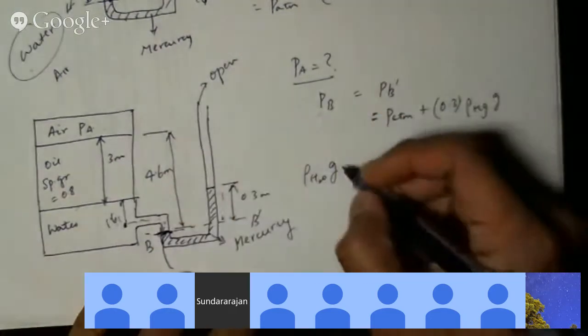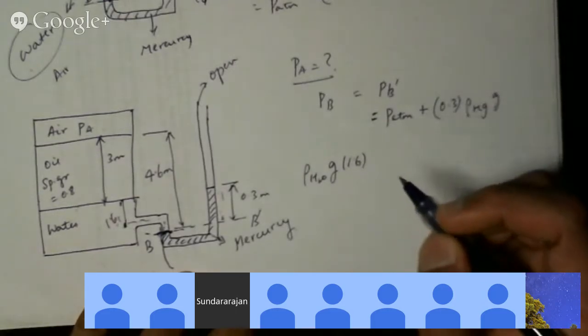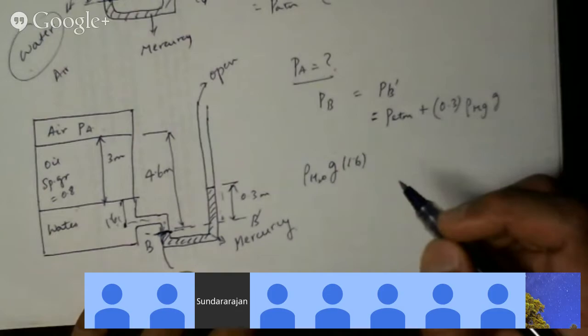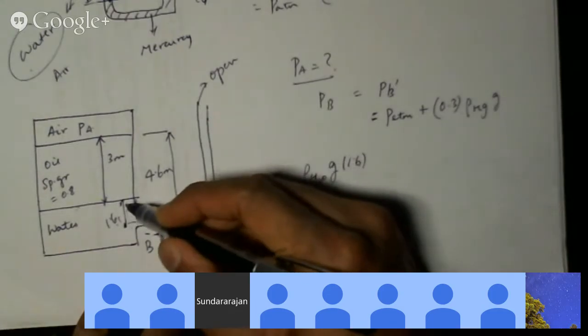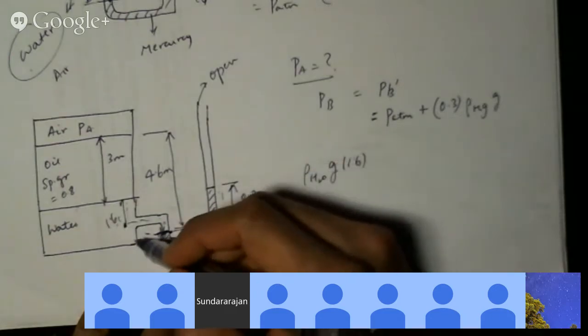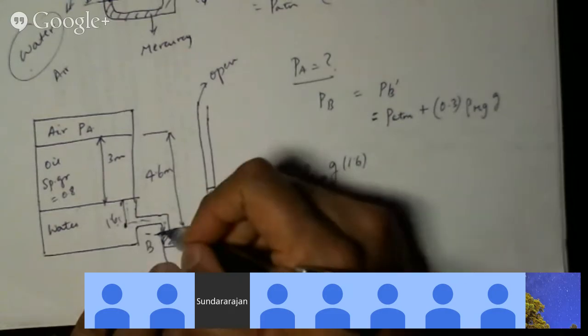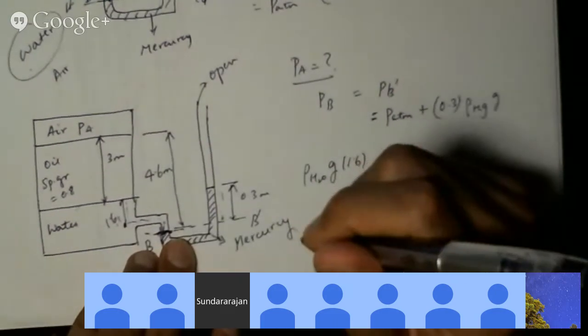Oh, so we don't have to find the height of the whole water part. What whole water? There's only this much water from here to here. Oh, I thought it goes down. Yeah, but that doesn't matter. The pressure only depends upon what's above, not below.